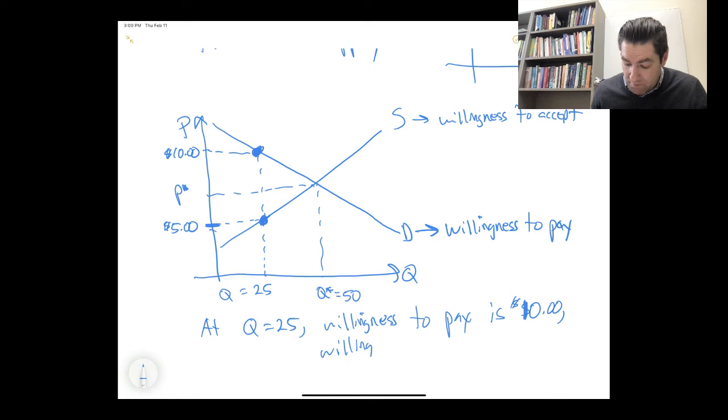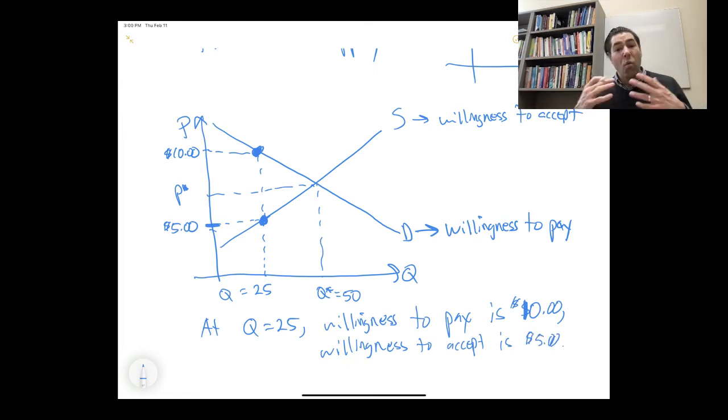What do I know about that? Well, I've got to draw my demand and supply curve and figure out where relative to equilibrium it would be if willingness to pay is higher than willingness to accept in this example.